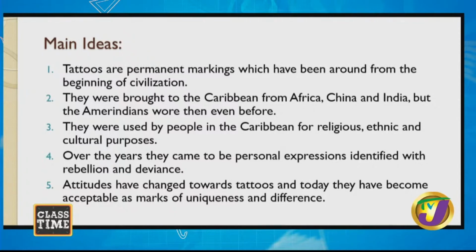They were used by people in the Caribbean for religious, ethnic, and cultural purposes. Over the years, they came to be personal expressions identified with rebellion and defiance. Attitudes have changed towards tattoos, and today they have become acceptable as marks of uniqueness and difference.